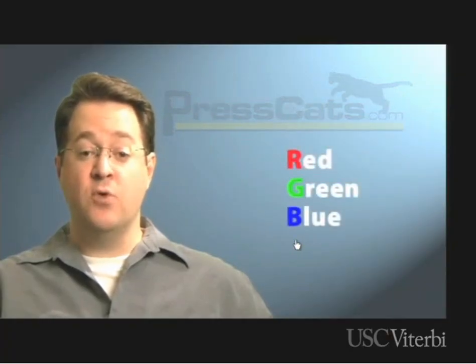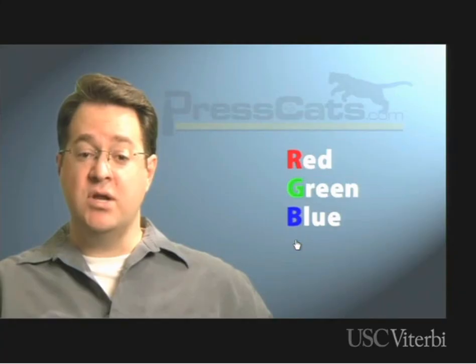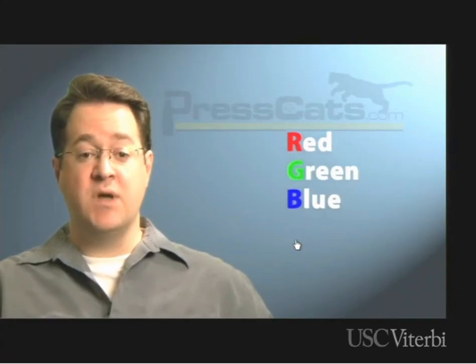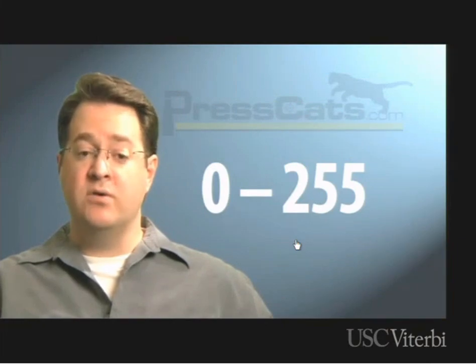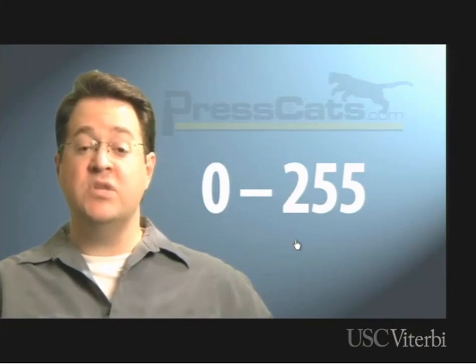Let's take a look. RGB stands for red, green, and blue, and is the format for video monitors, projection, web images, and most digital photography. RGB is an additive color space, which means that you add the red, green, and blue light to your black monitor to get all the colors. The more light you add, the whiter things get. RGB values are expressed as numbers between 0 and 255, for 256 possible values for each color.